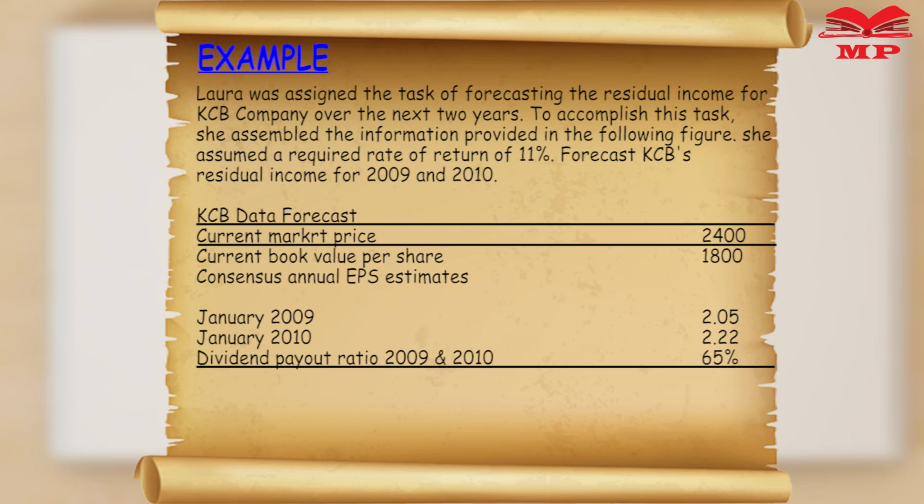She assumed a required rate of return of 11%. Forecast KCB's residual income for 2009 and 2010. So the information provided on that table should assist us to compute the residual income. So let's compute it.